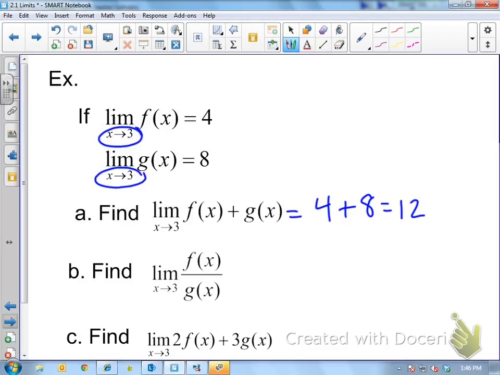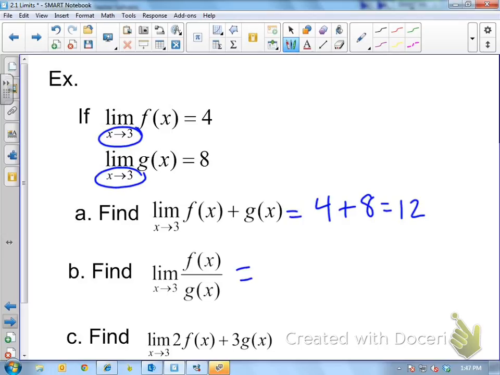So we can basically do that with any basic operations, addition, subtraction, division, multiplying by constant, multiplying. So what would my next limit be? 1/2. She already reduced it.